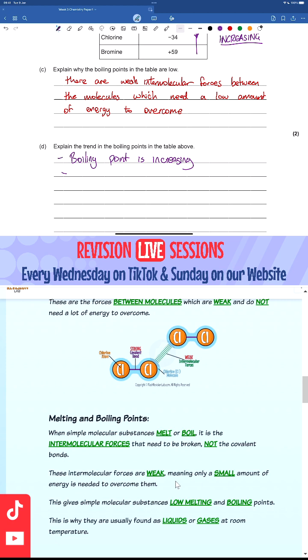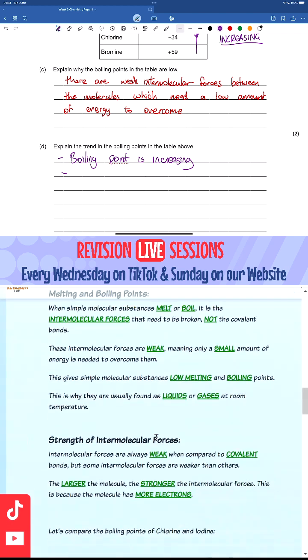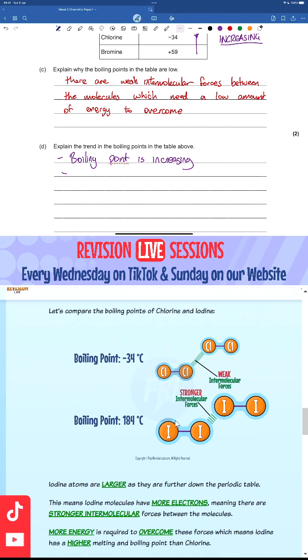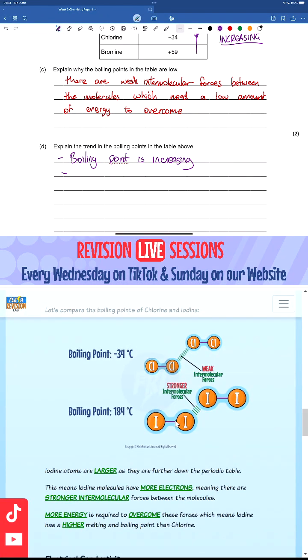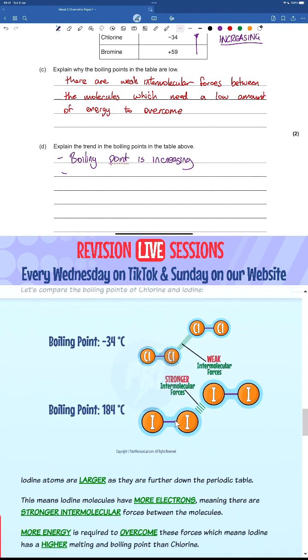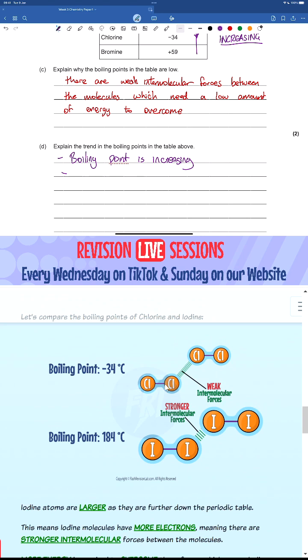Why does the boiling point increase? Stronger intermolecular forces. Yes, exactly. Why are there stronger intermolecular forces? Because you need to mention that as well. So that's what I mentioned earlier. Here we go in our notes. Because the molecules are bigger, the molecules have more electrons.